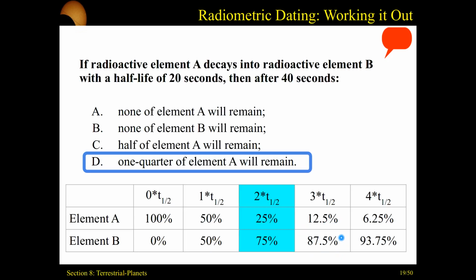B will be a growing majority, 87.5%. Keep halving this ratio of the population. At 4 half-lives, A will be only 6.25%, whereas B will be 93.75%, and so on and so forth.